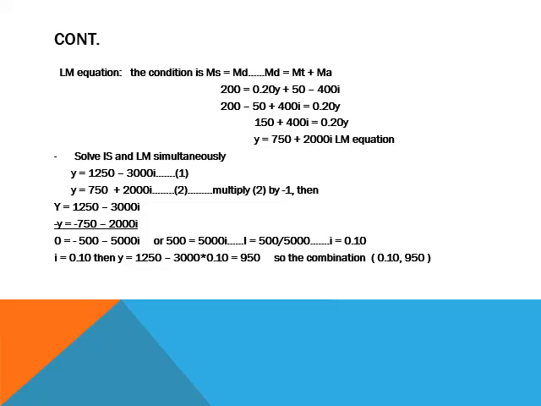So let's push MA to the left side. Now 200 minus 50 plus 400i equals 0.20y. 200 minus 50 is 150, plus 400i equals 0.20y.